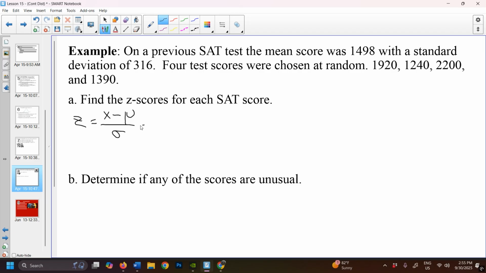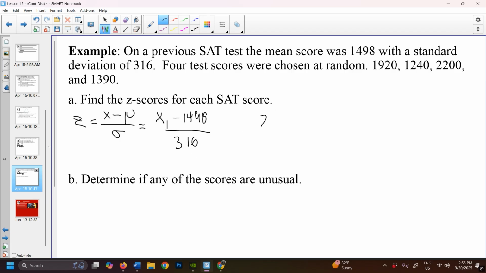Then you subtract the mean value, which is 1498, and then you divide by the standard deviation. So in this case, I am going to plug into Desmos: x1 minus 1498, all over 316.